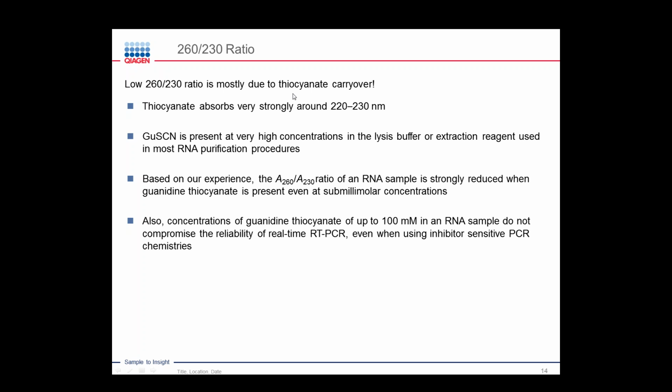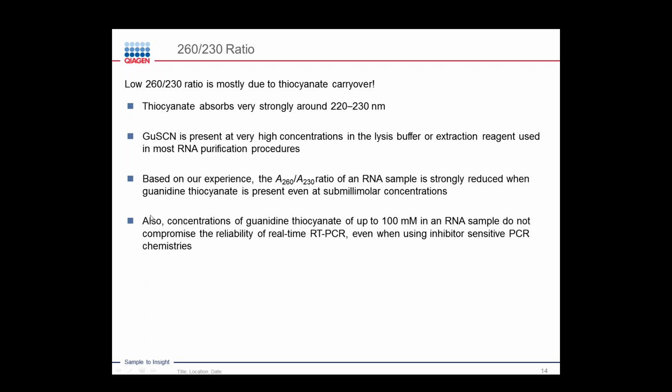A low 260/230 ratio is mostly due to thiocyanate carryover. Thiocyanate absorbs very strongly around 220 to 230 nanometers. Guanidinium thiocyanate is present at very high concentrations in the lysis buffer or extraction reagent used in most RNA purification procedures. Based on our experience, the 260/230 ratio of an RNA sample is strongly reduced when guanidine thiocyanate is present even at submillimolar concentrations.